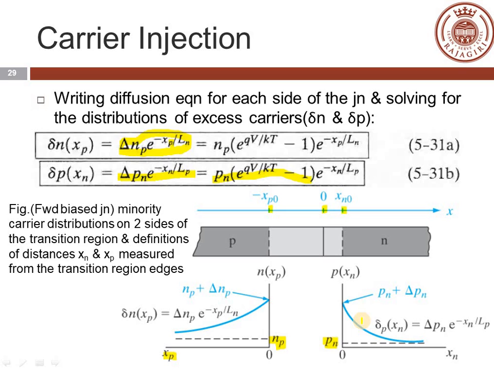Now in the n region, the initial excess hole concentration is capital delta pn. So the total hole concentration at that point will be pn equilibrium plus delta pn.